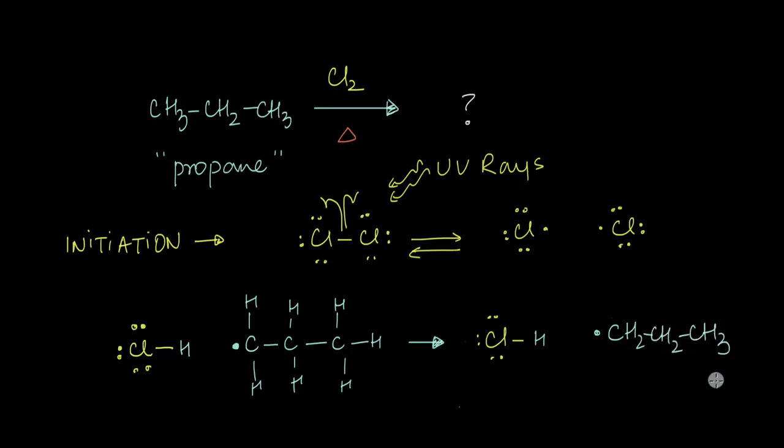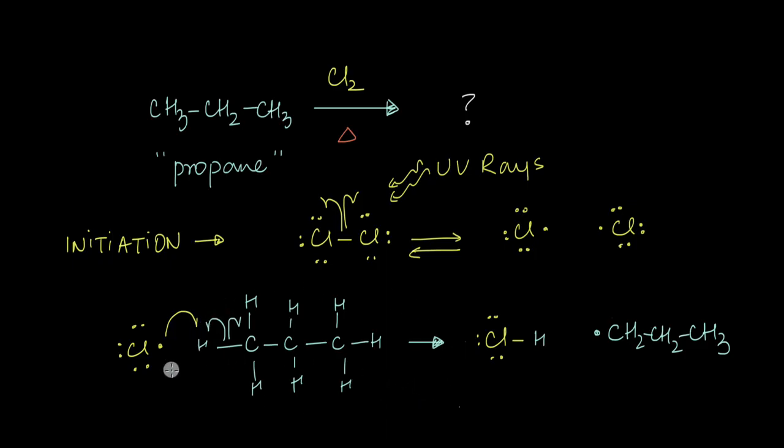A CH2CH2CH3 radical. Now this chlorine radical, instead of abstracting this hydrogen atom, can maybe abstract this hydrogen or even this one. So this chlorine radical can collide against any of these hydrogen atoms and abstract it.